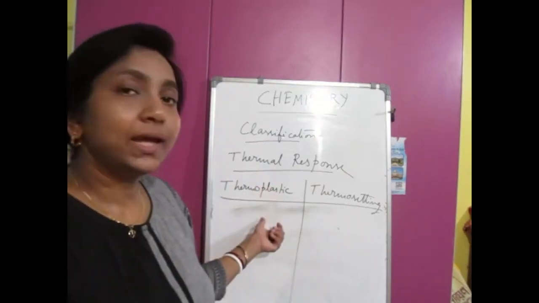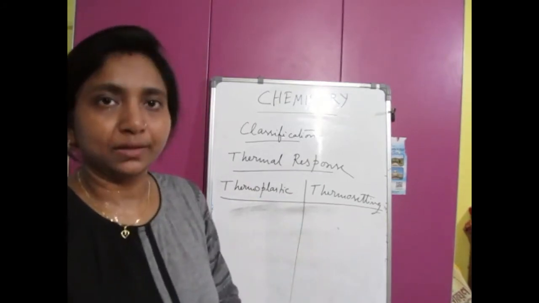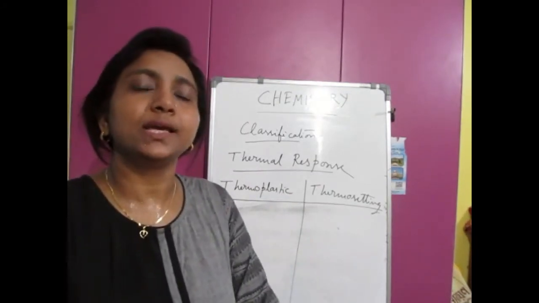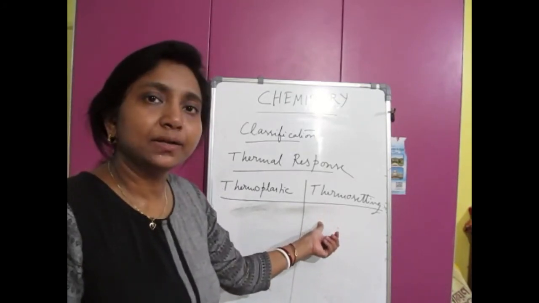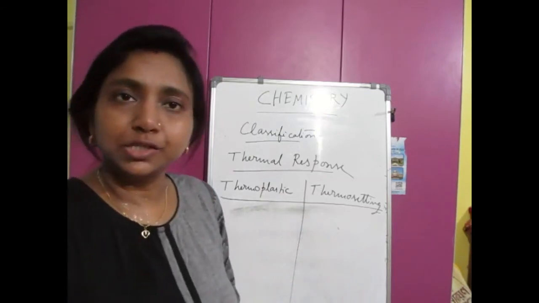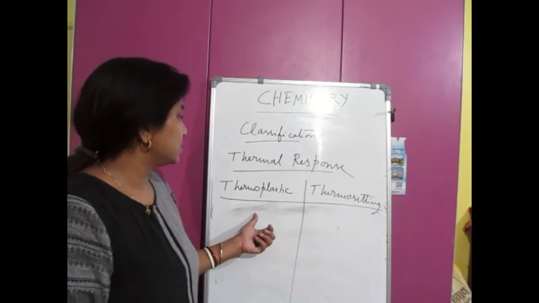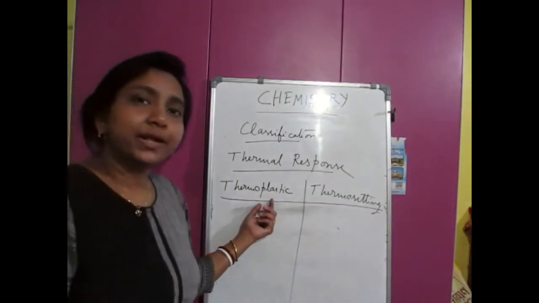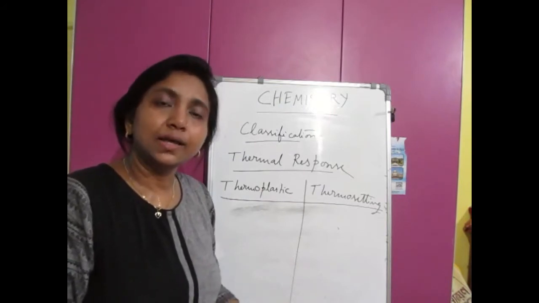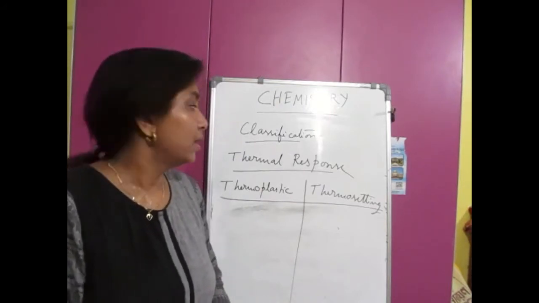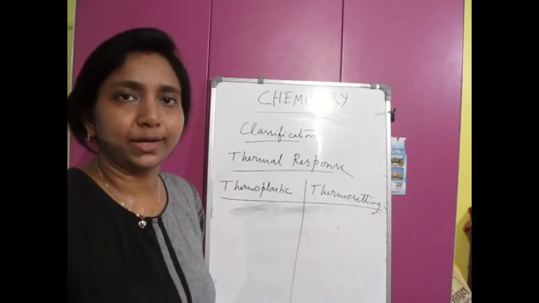If we apply heat energy, thermoplastic polymer will soften, and if we remove heat energy, it will become hard. But thermosetting polymer does not soften, it becomes harder. So you can understand very easily that thermoplastic polymer can be recycled, can be remolded, but thermosetting polymer cannot be recycled or remolded.